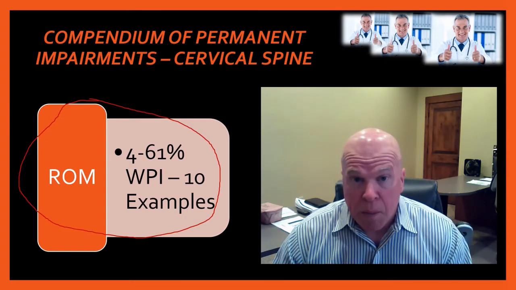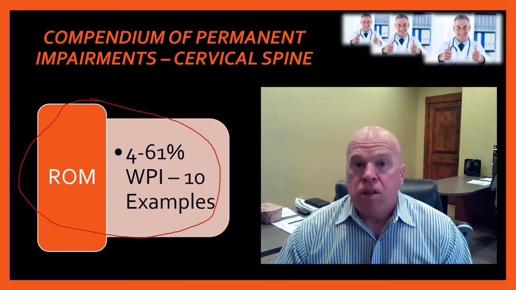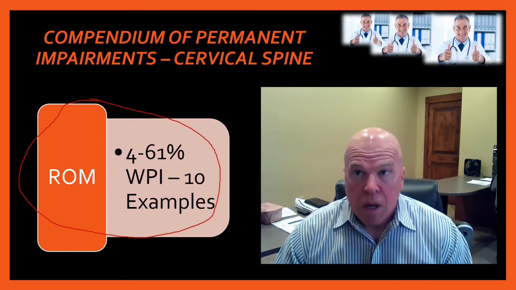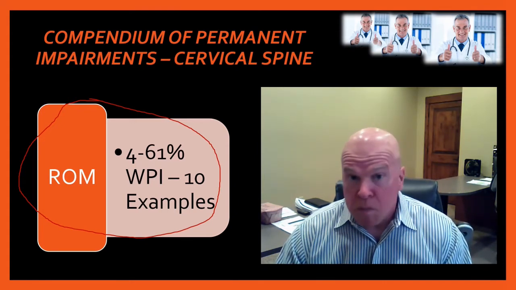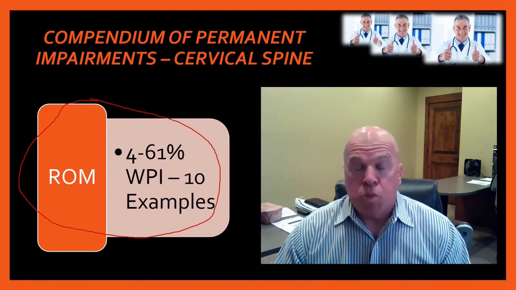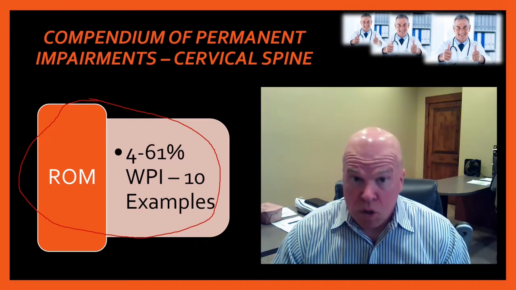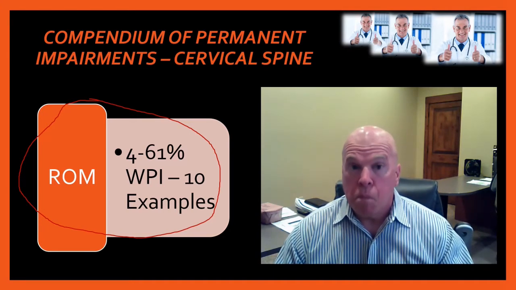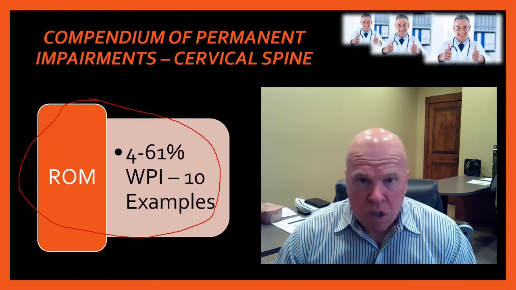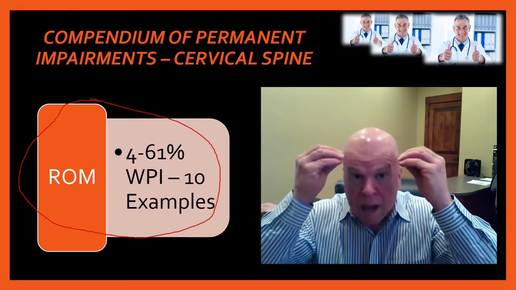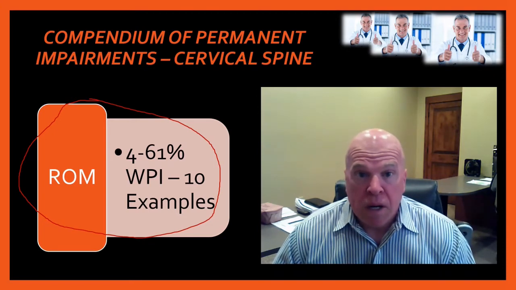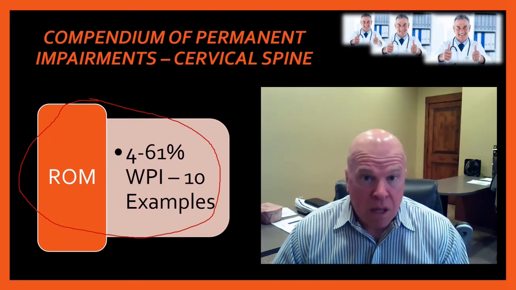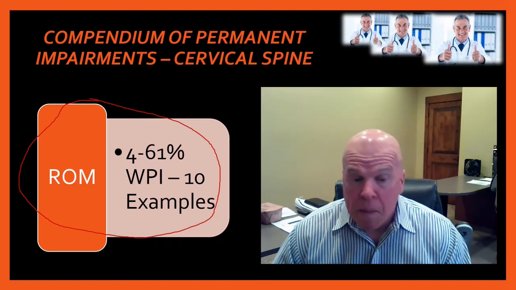They simply rely upon the DRE method, probably because providing a permanent impairment rating under the range of motion method is much more difficult, is much more time consuming, and involves considerably more medical decision making and mental effort. And for that reason, many qualified medical evaluators default to the DRE method of rating permanent impairment.